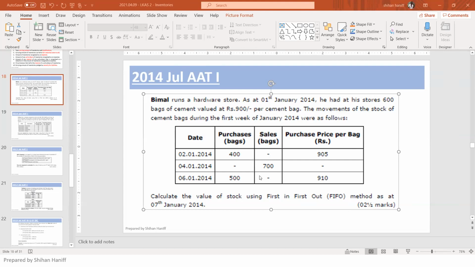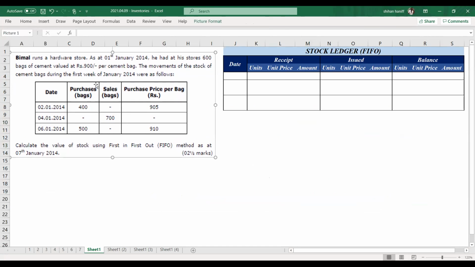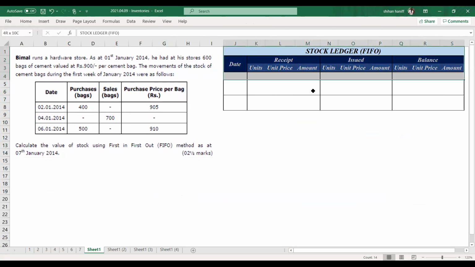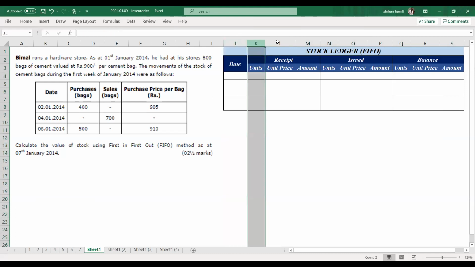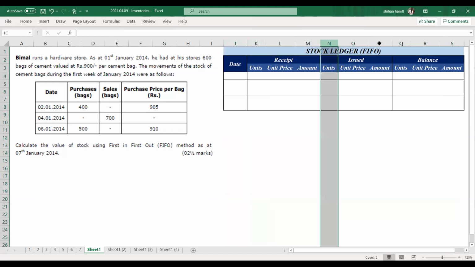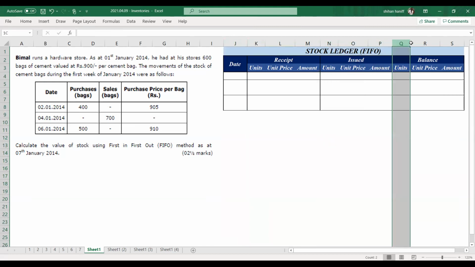What we can do is we can prepare a stock ledger. I'll show you the format of stock ledger. This is an important point because we can expect questions from this part. So this is the question, and this is a format of stock ledger. First in, first out. We have date, receipt, issues, and the balance.